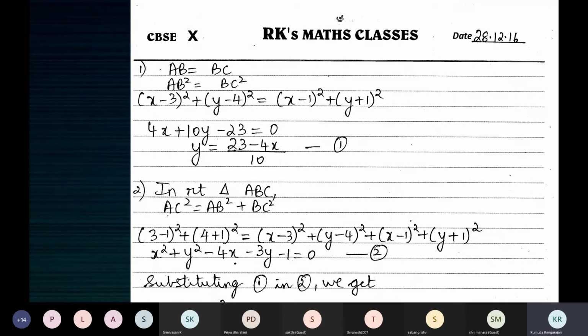Read out from your book. Ma'am, when I took the root of 9 minus 6x plus x squared plus 16 minus 8y plus y squared, ma'am. Okay Shakti, I'll just send a picture. I'm on WhatsApp now. Just send the picture.